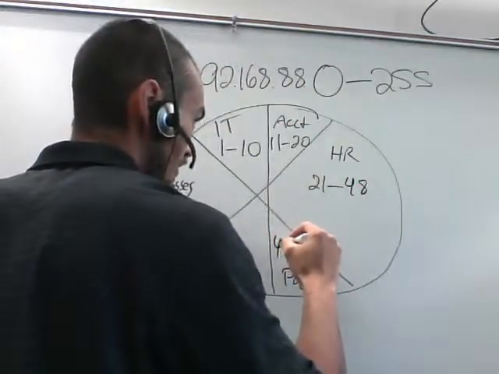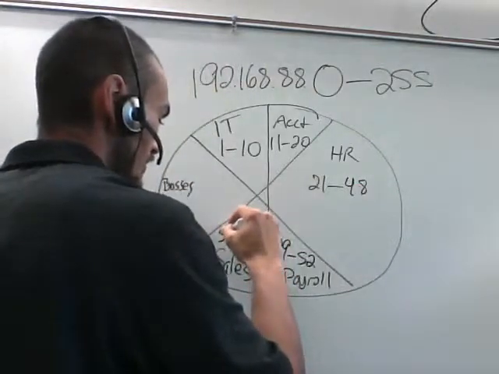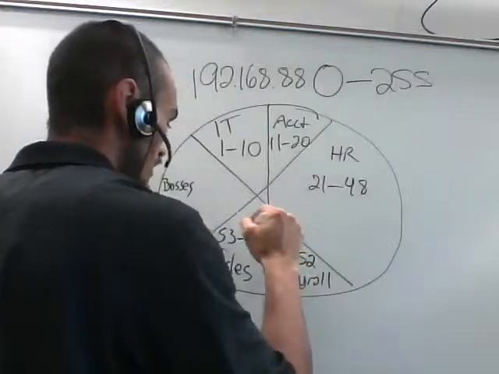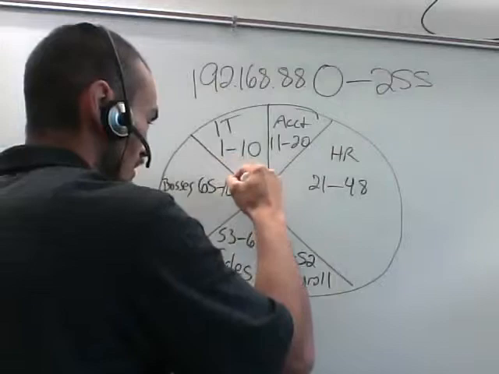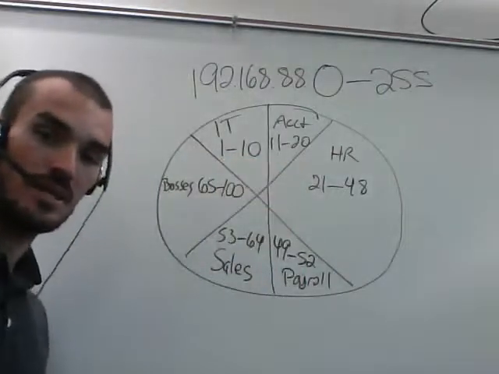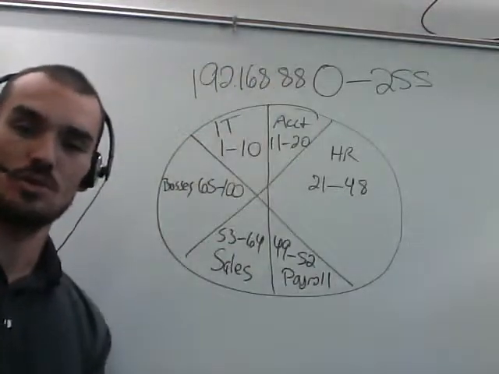You guys have 49 to 52. You guys have 53 to 64. And we've got a lot of bosses, so let's say they have 65 through 100. So I could essentially slice up my pizza like that. And that's essentially what we're doing with subnetting.